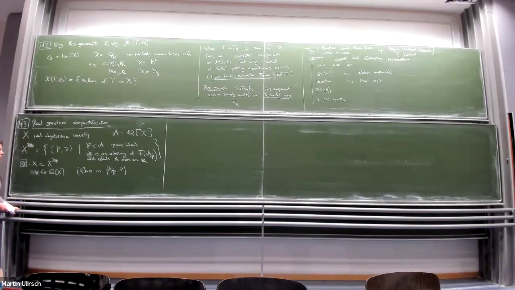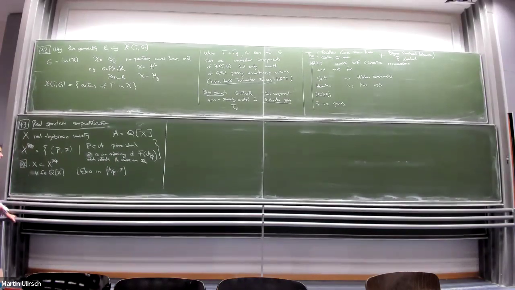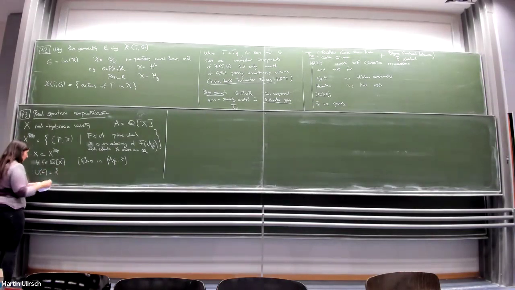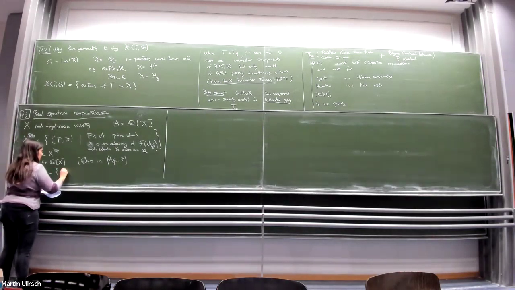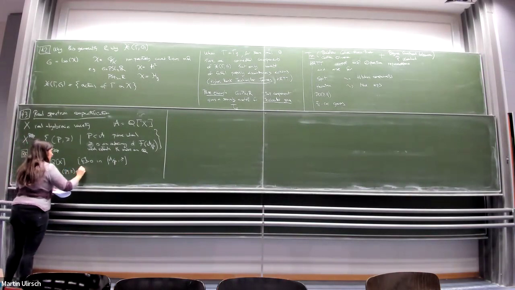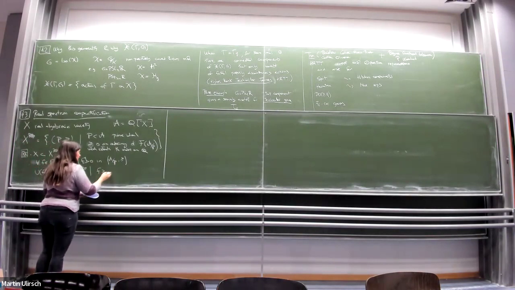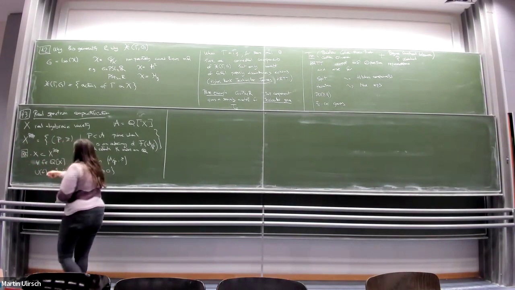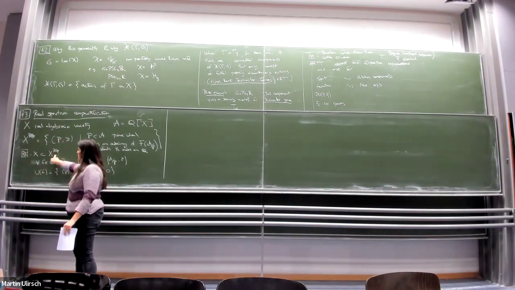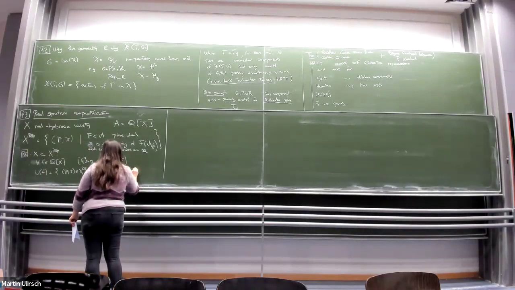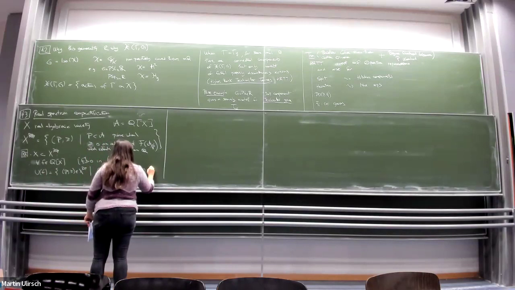So it makes sense to consider sets of the form U_f, the points where f is positive. This is a nice subset that gives me a basis of the topology that extends the Zariski topology.